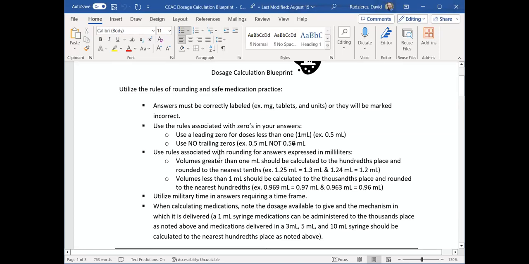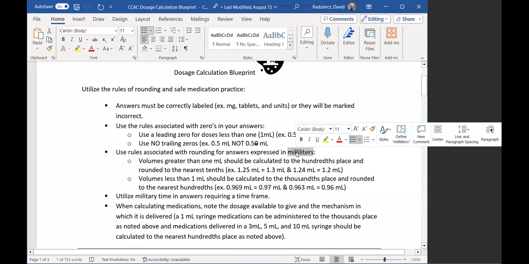All right, rounding. Now, some students get hung up on where it just says milliliters. Rounding can apply to a couple of different things. One of the things that's important to note about rounding is that you can have rounding occur when there is something other than milliliters, and it's a case-by-case issue, and I'll try and show you when and when not to round.